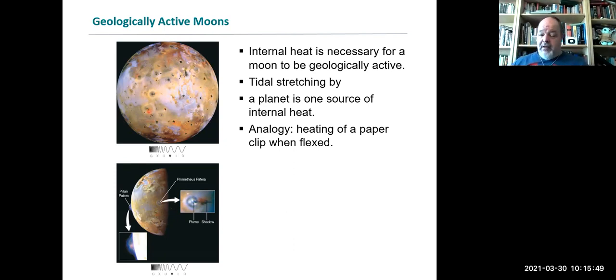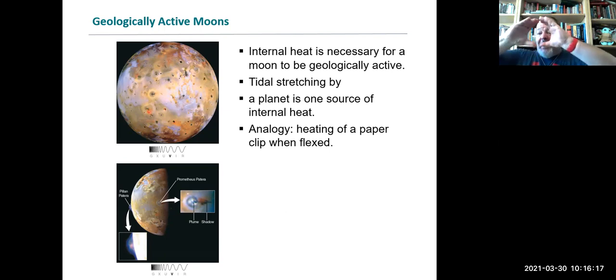Because of that, just like the Earth's tides swell up on the side closest to the moon and farthest from the moon, Io will swell up on the side closest to Ganymede and Callisto. And it will swell up on the opposite side as well, which is the Jupiter side.